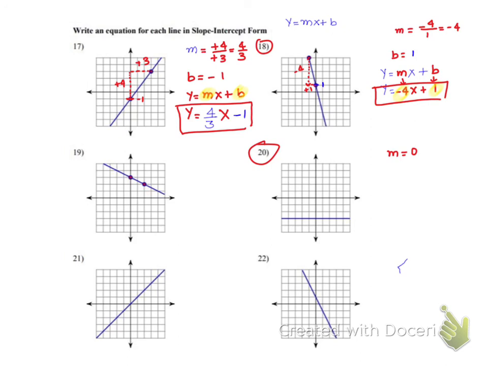So by default m is 0, and b is the point where it touches the y-axis, that's -3. So my equation is y = mx + b, and I plug in this m and b and get y = 0x - 3, and I can simply write y = -3. That's my answer. I hope you get the few basic questions which I explained here.